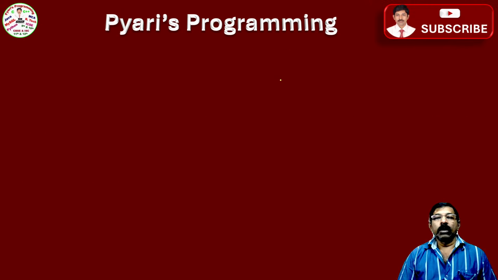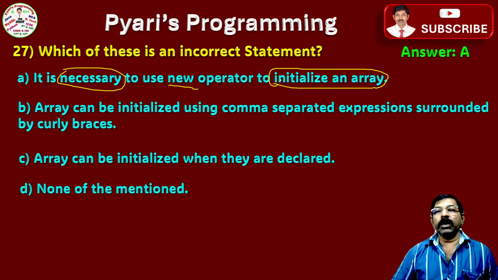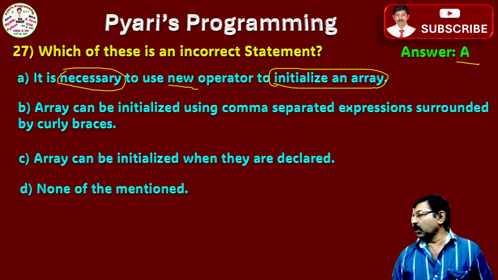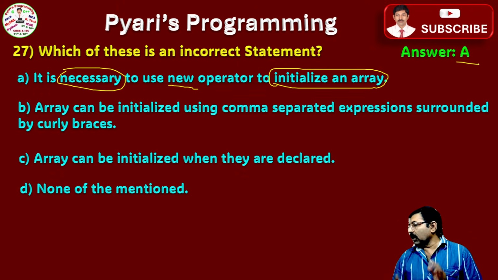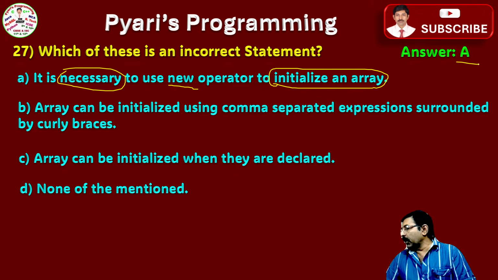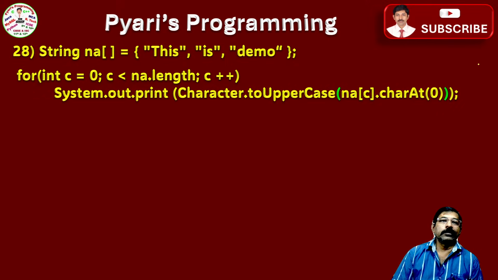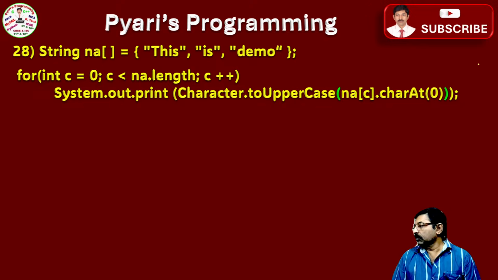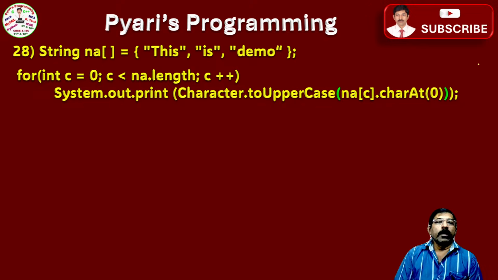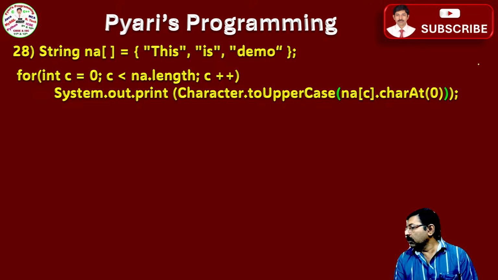Excellent. We don't need this one. Option A is the correct answer because for initialization a curly bracket is required, the new operator is not required. Find the output. We need the new operator when creating an array. Correctly said, Vaishali. While creating an array we need it.